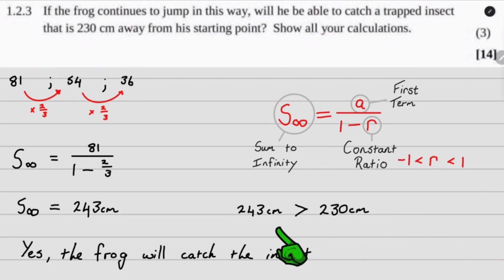And it's also good to make a comparison to let your teachers know how you're thinking. So because this number was bigger than this number, that led me to the conclusion of yes. So just to check where the marks are coming from here, you're going to get 1 mark for your substitution, 1 mark for the sum to infinity, and 1 mark for your conclusion.